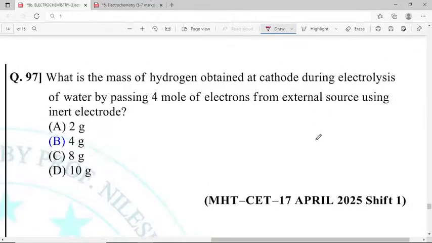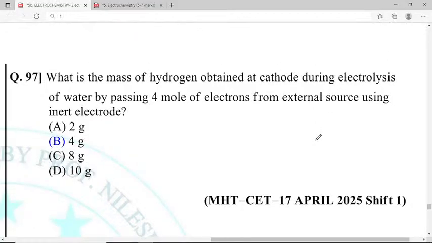What is the mass of hydrogen obtained at the cathode during electrolysis of water by passing 4 mole electrons from an external source using inert electrodes? Water gives H2 plus 1/2 O2.